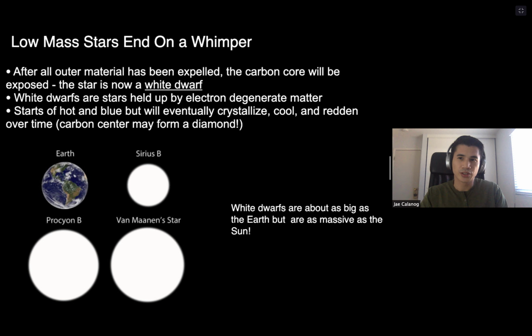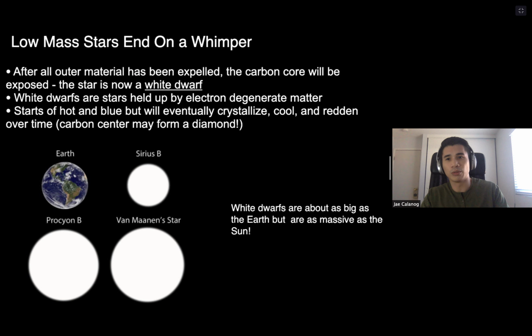Okay, so now let's talk about that white dot in the middle, because that's essentially the core of that supergiant star, and you'll be able to see that once all of the outer layers of that supergiant star have been expelled in all different directions. And remember, we basically had a core that's composed mostly of carbon.